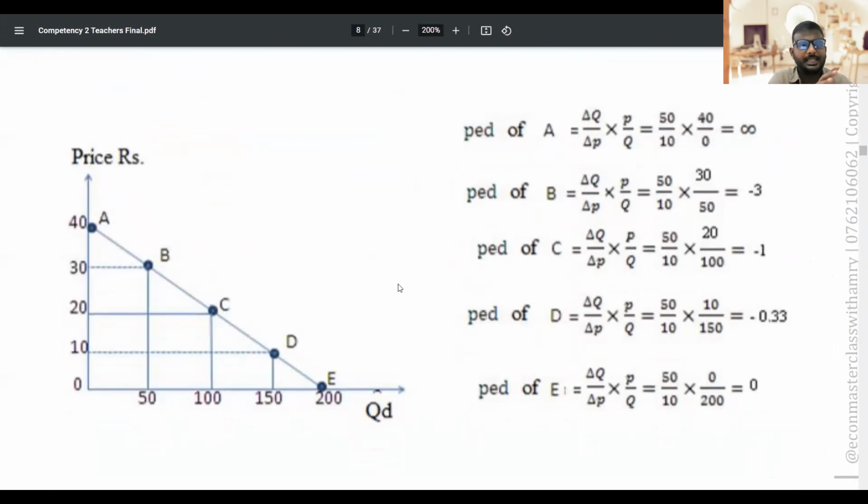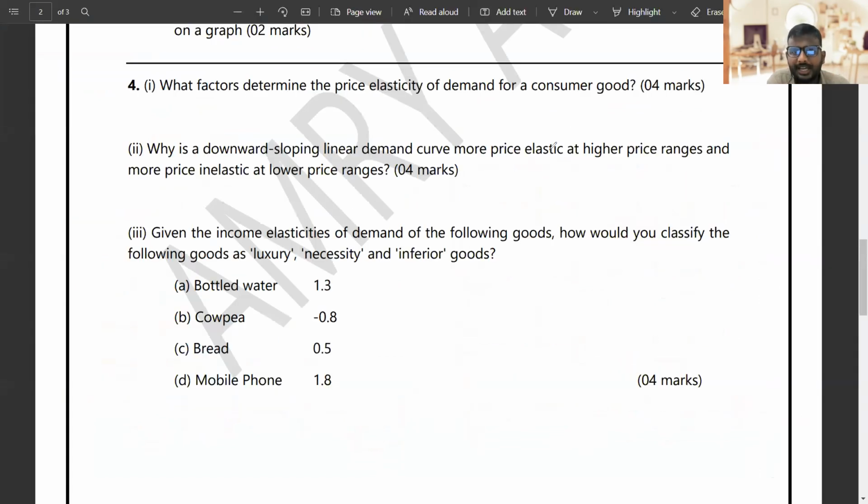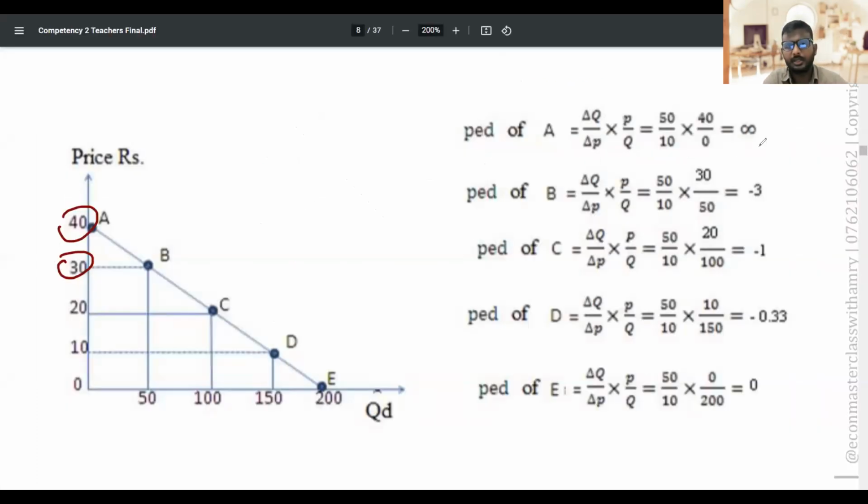So here you can see the pattern where when the price is higher, at higher prices, according to the question, you can see, what does it say? Why is a downward sloping linear demand curve more price elastic at higher price ranges and more price inelastic at lower price ranges? So if you come here, as you can see, at 40 rupees, 30 rupees, which are higher in price, you can see the point price elasticity is high.